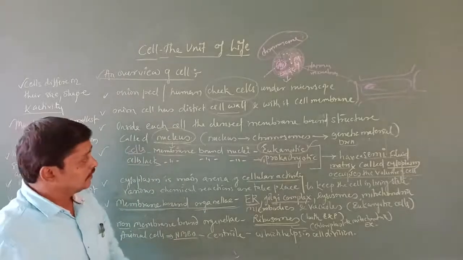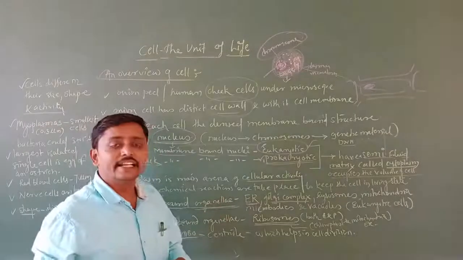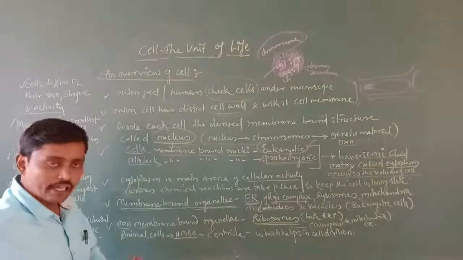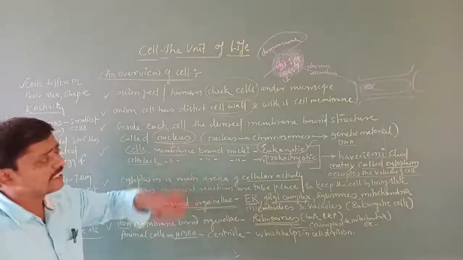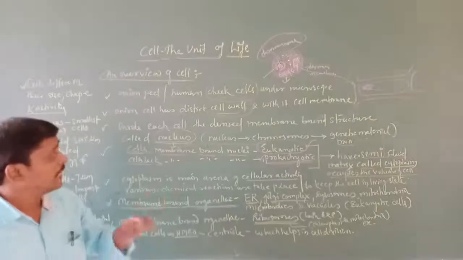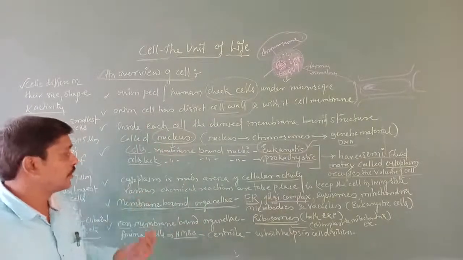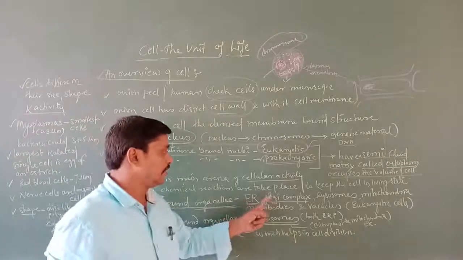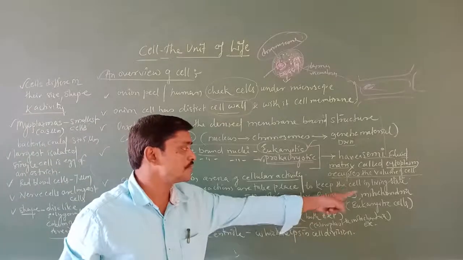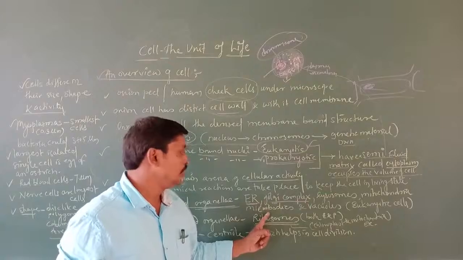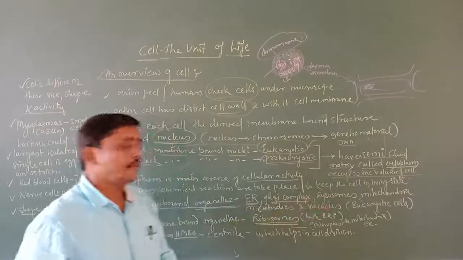In the sense, prokaryotes do not contain any membrane bound organelles. Eukaryotes contain membrane bound organelles, including the nucleus. Other membrane bound organelles are endoplasmic reticulum, Golgi complex, lysosomes, mitochondria, microbodies, then vacuoles.